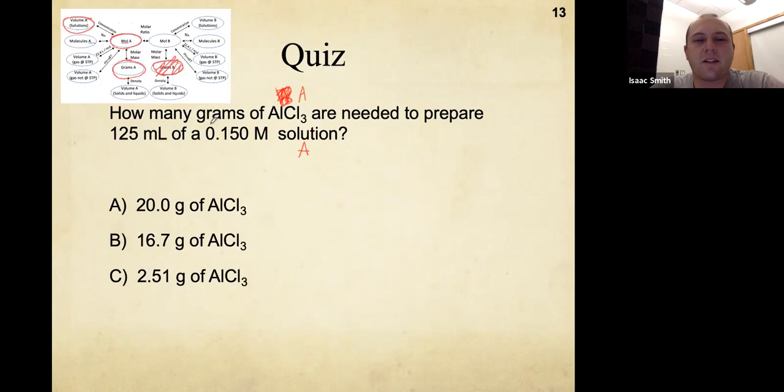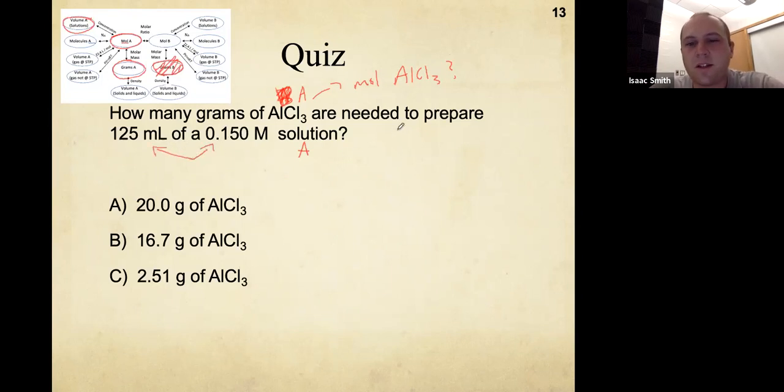So in order to get to grams of aluminum chloride, we need to know how many moles of aluminum chloride we have. If we have moles of aluminum chloride, then we could easily figure out grams just using the molar mass. And the only way to figure out moles of aluminum chloride is to use the volume and the concentration.